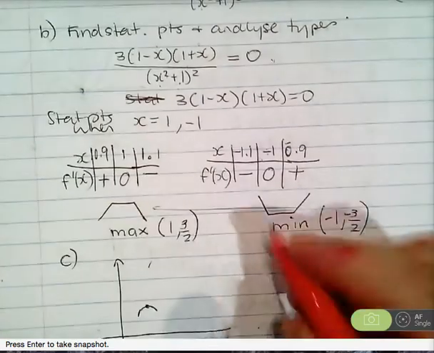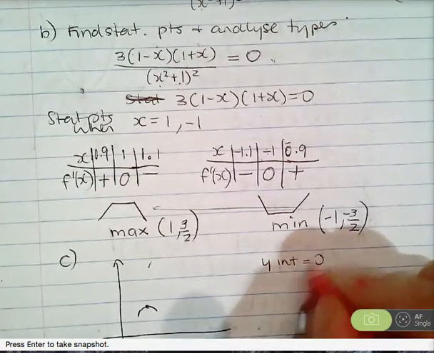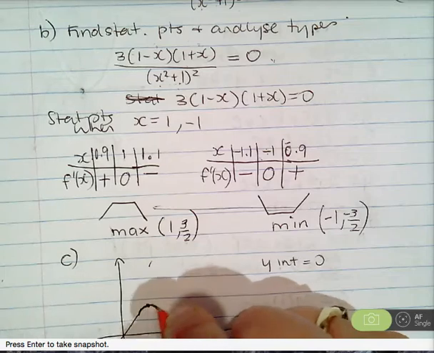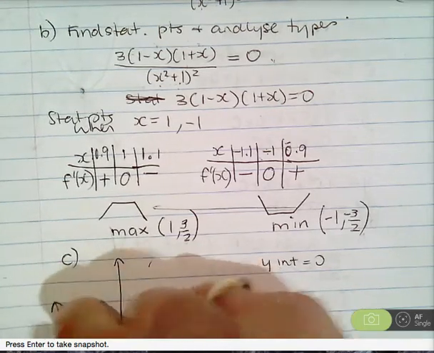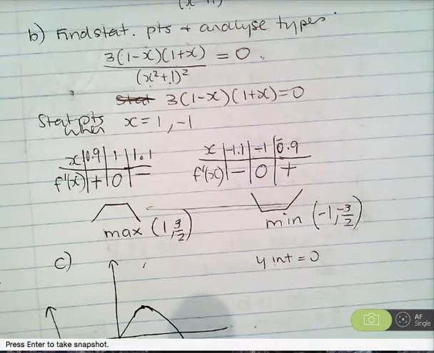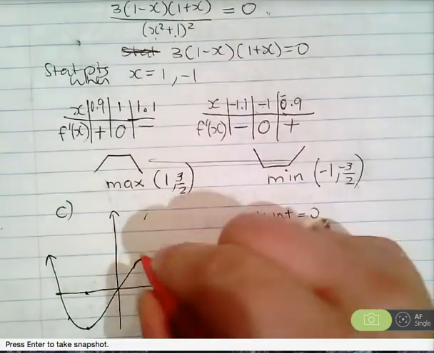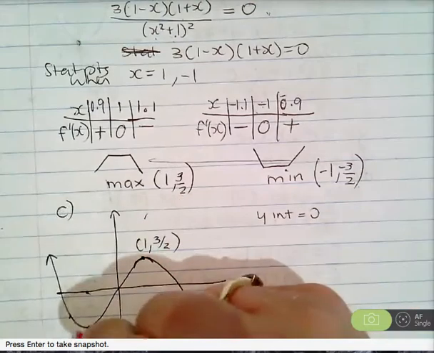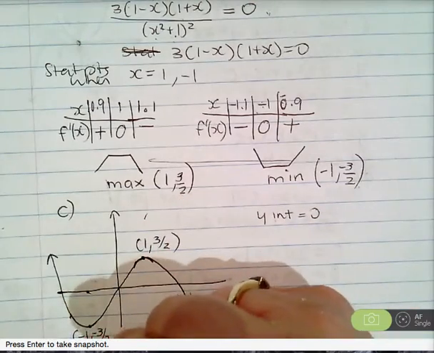The y-intercept is 0. Looks like the equation looks something like this. Remember, bit of a weird one. So we've got (1, 3 on 2), (negative 1, negative 3 on 2).